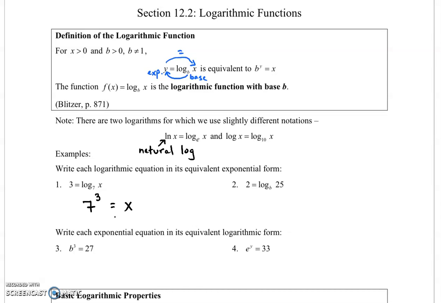So there that is written in exponential form. And of course, we could, if we wanted to, evaluate 7 cubed, which is 343, equals x. So those are the same things. Okay, you should pause the video and try number 2 on your own, and then restart the video.